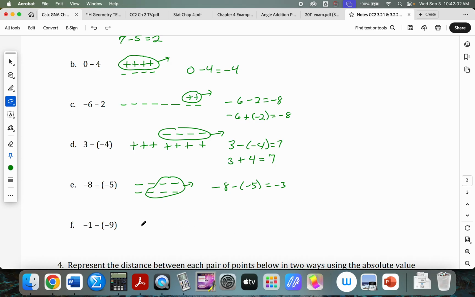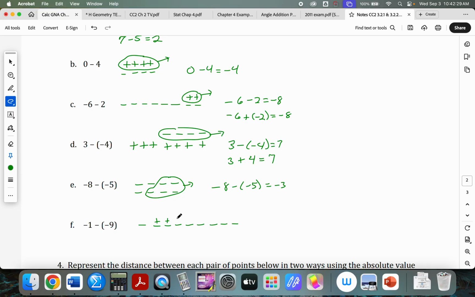And then here, I'm supposed to start off with negative 1 and then subtract 9 negatives. Well, how many more negatives am I going to need to add on so that I can subtract that? I've got to add on another 8 negatives. 1, 2, 3, 4, 5, 6, 7, 8.